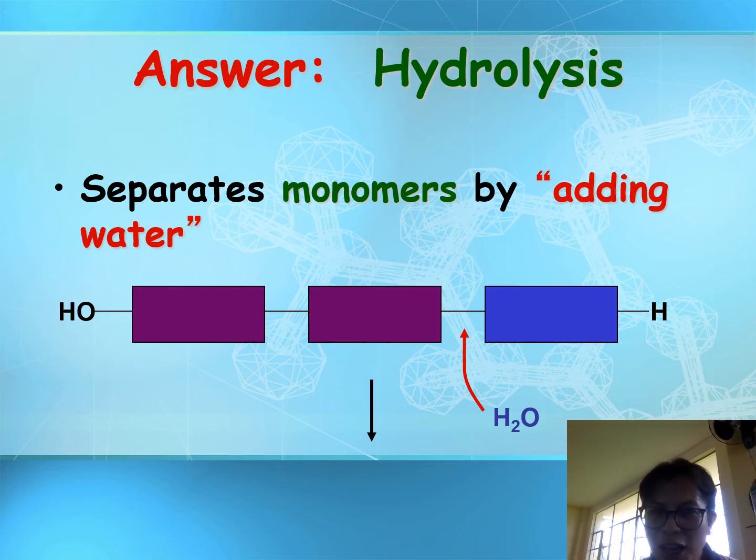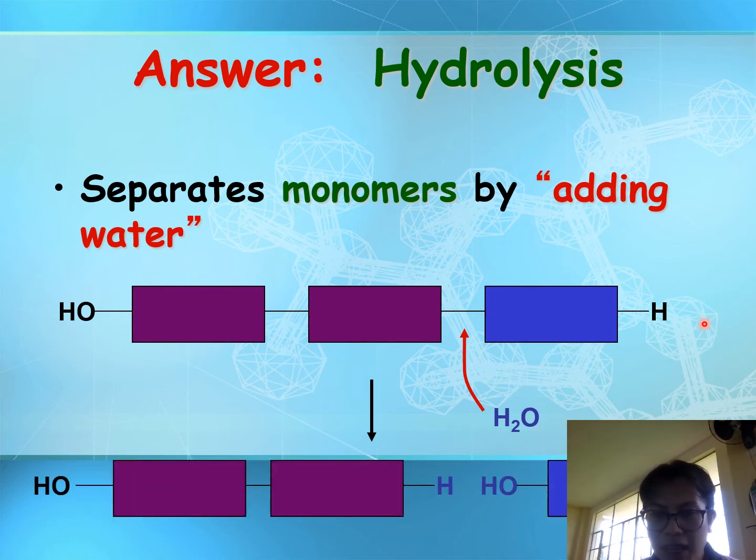Through hydrolysis, it separates monomers by adding water. In this compound, H2O is added, and it separates the compound. That is an example of a process that separates macromolecules, known as hydrolysis.